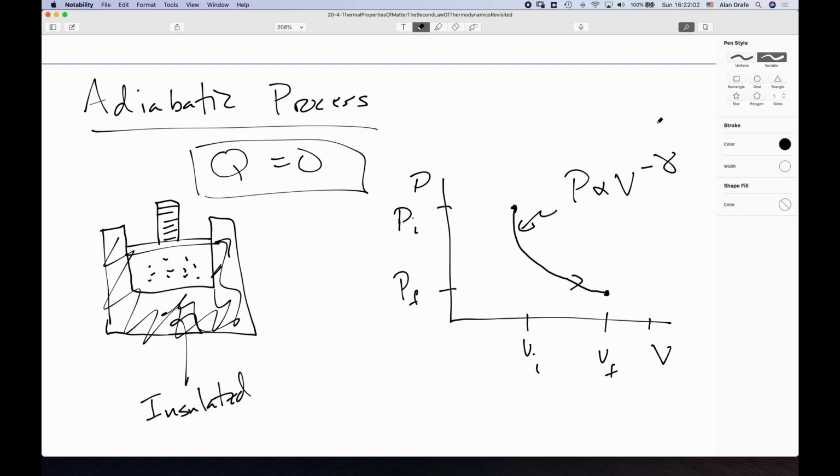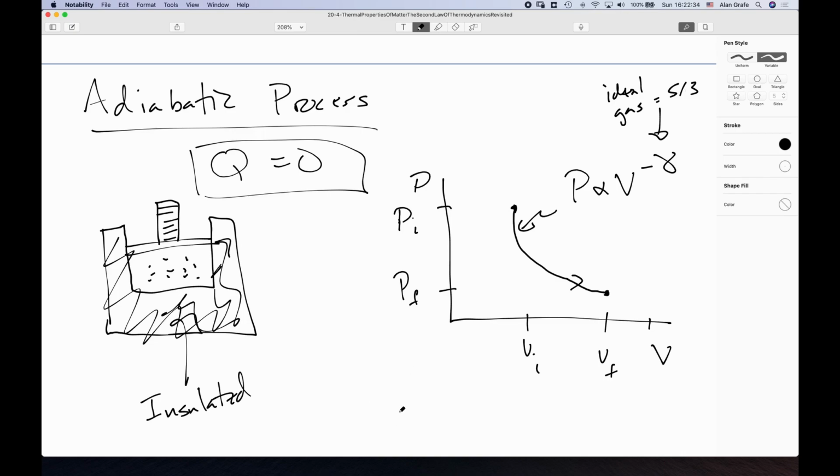For an ideal monatomic gas, gamma is equal to 5/3, but it can have other values. If it's isothermal, it would be V to the negative 1. Here it's V to the negative 5/3. So the pressure is dropping more rapidly with volume than it would in an isothermal process.